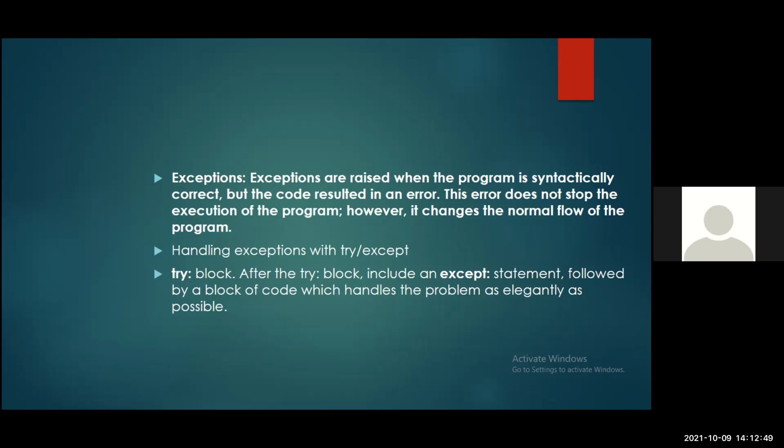This error does not stop the execution of the program. If you have exception-handling code that covers that particular error in your program, then it will not terminate there. It will exempt that and continue giving you the output for the other part of the code.